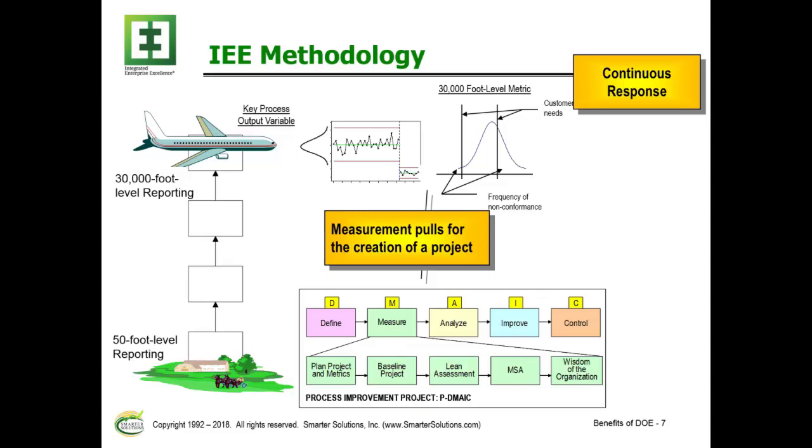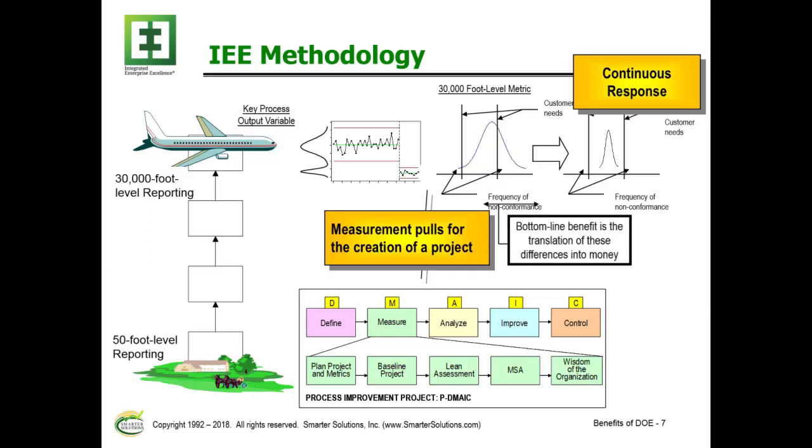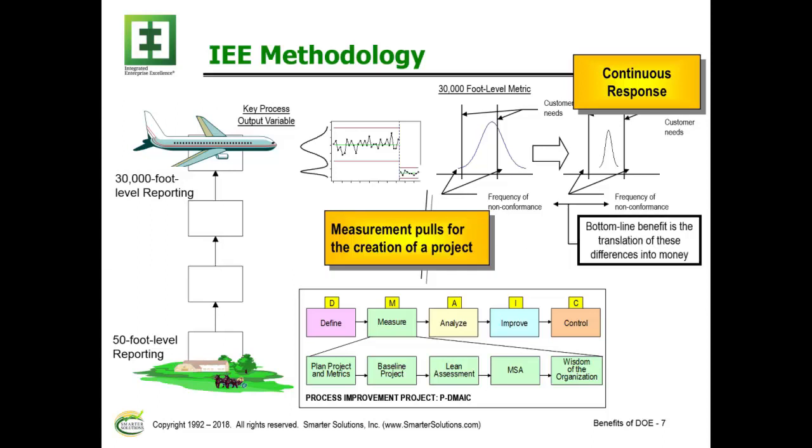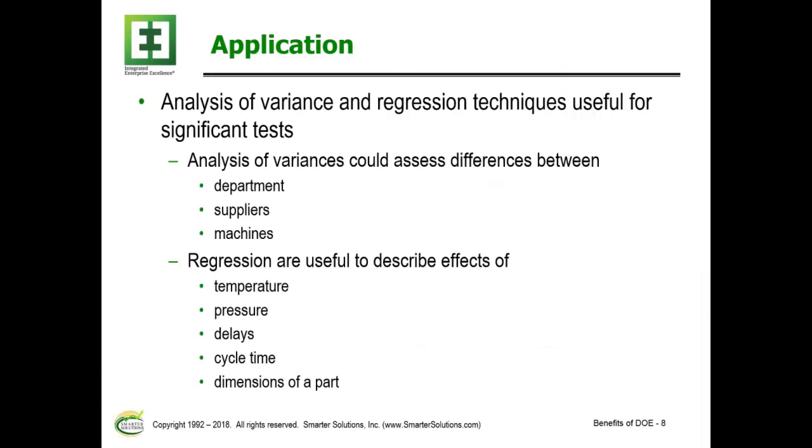So we'll pull for project creation, and then after we learn some things through DOE, we can change the inputs, and now we've got bottom line benefits. So that's how design of experiments can fit within the big picture in Lean Six Sigma projects.